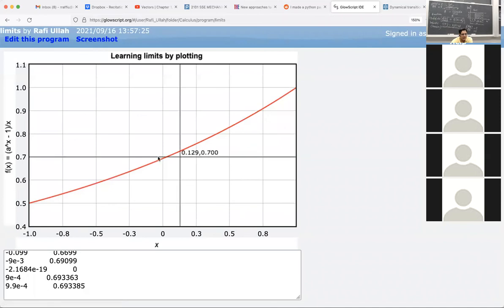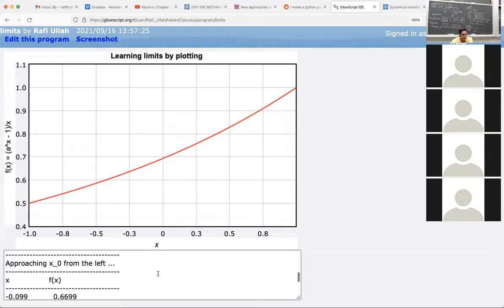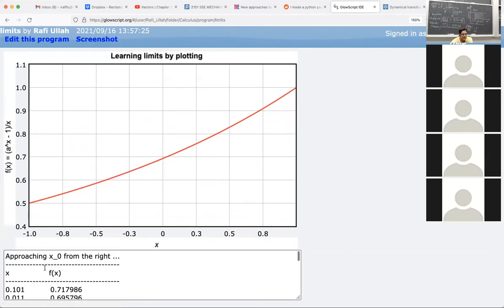Okay, so we get the graph of the function. Nothing very special about it, but we also get 2 tables here. The first table is approaching x naught from the right.